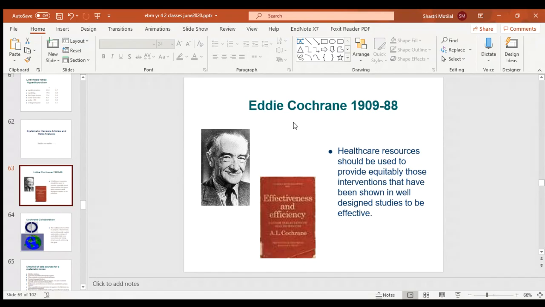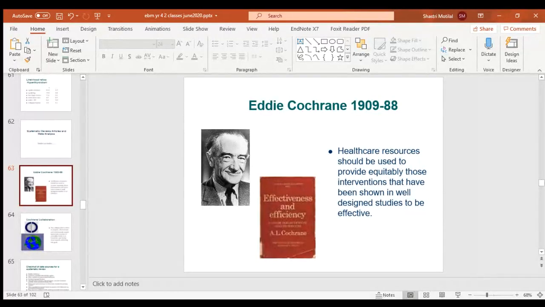And you might be wondering, why is that the case? Well, we cannot practice medicine based on one study because it could be that that study was flawed. We saw that RCTs have a few biases or problems or things that could go wrong. So we cannot practice medicine based on one study.